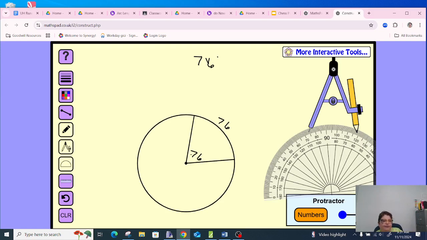Now you're going to listen carefully. I'm going to do this so you can see it a little better. Do you see how you have the endpoints on the circle here?